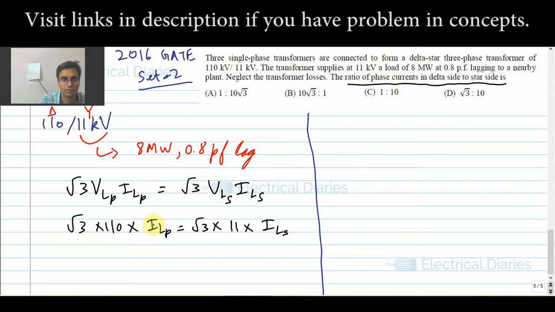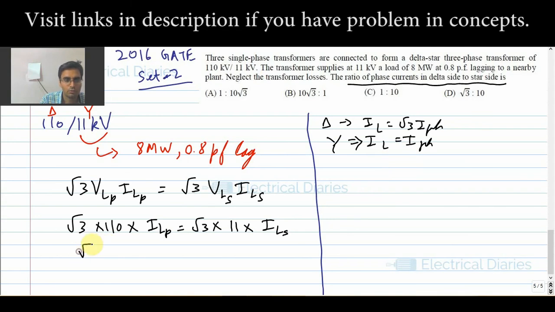So you know it is delta and star. In delta we know that I line is equal to root 3 times I phase, and in star I line is equal to I phase. So this is the whole concept.